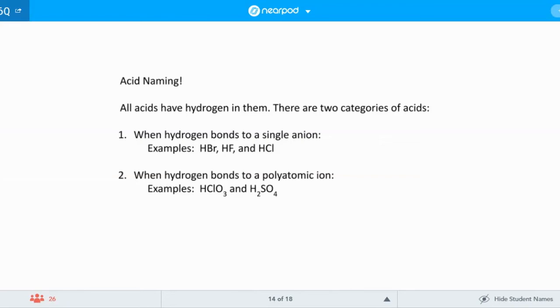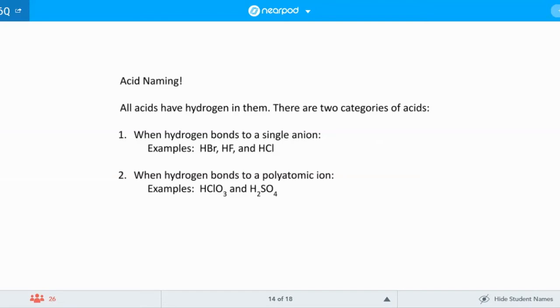We have when the hydrogen bonds to just a single ion, and we've got some examples there: HBr, HF, and HCl. Or we can have when a hydrogen bonds to a polyatomic ion. So we've got two categories of acids, and unfortunately the naming for those two categories of acids is slightly different to indicate whether or not it's bonded to a poly or bonded just to one element.